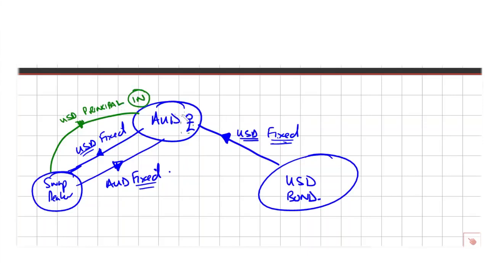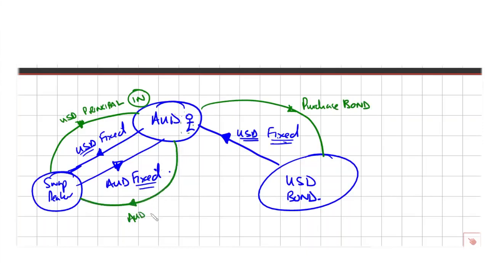By the way, they can use those US dollars in to pay for the bond. This is at the start. Also at the start, the Aussie investor will have to deliver out Aussie principal, and that's why they get paid an Aussie fixed rate in, because essentially this party here, the swap dealer, is borrowing Aussie dollars from them and paying a cost of funds back.